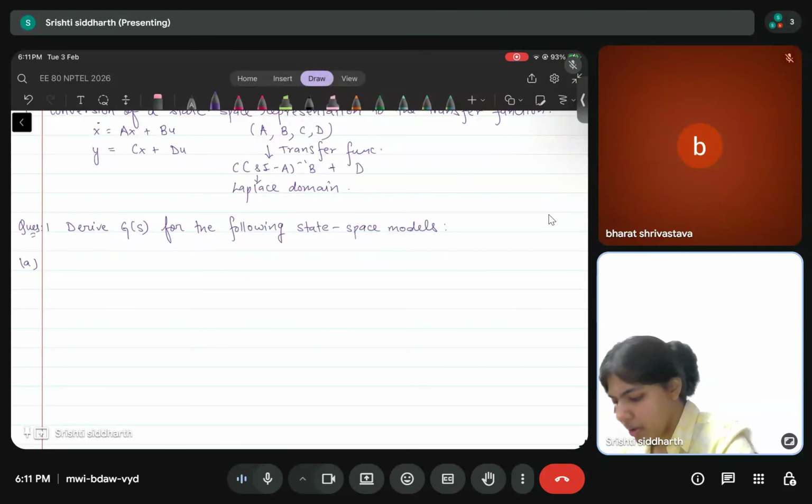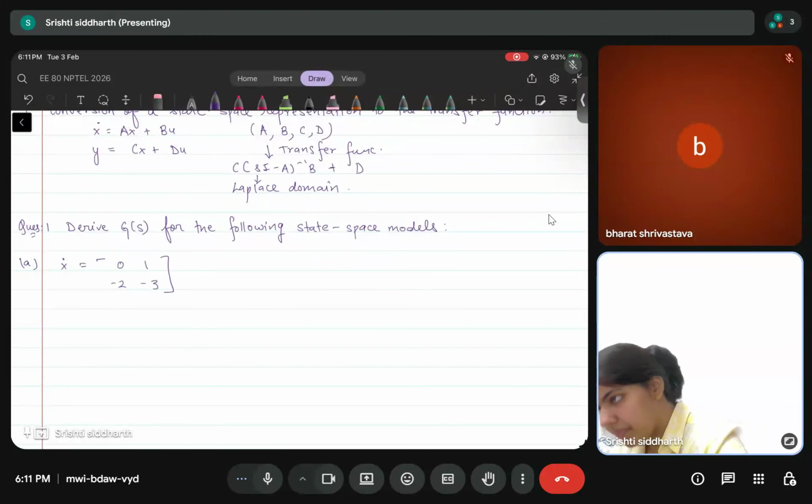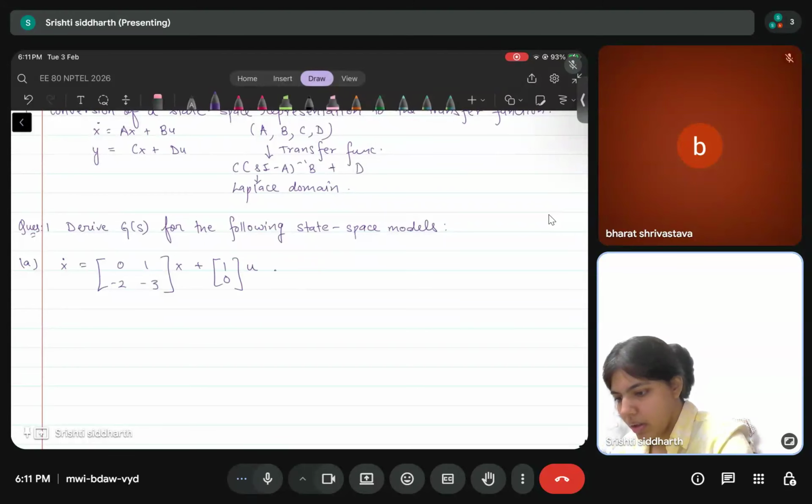The first part is x dot equals [0, 1; -2, -3] x plus [1, 0] u, and then y is [1, 0] x.